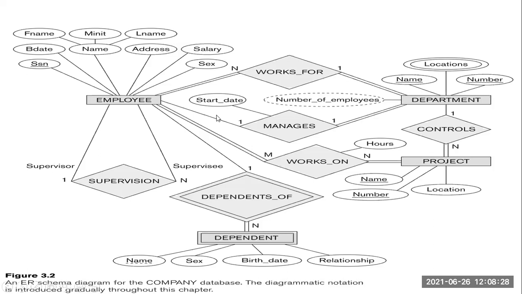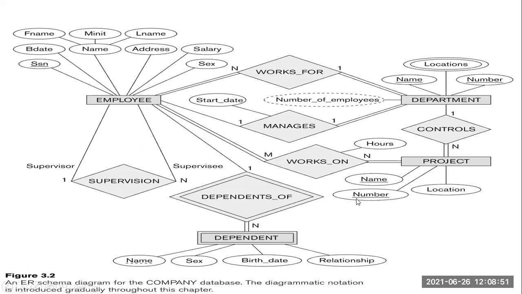Then after that, let us work out employee and works on, employee and project. The employee table and the project table. The relationship between them is works on. It is a completely strong relationship. For the employee table, the primary key is social security number. For the project table, the primary key is project number.